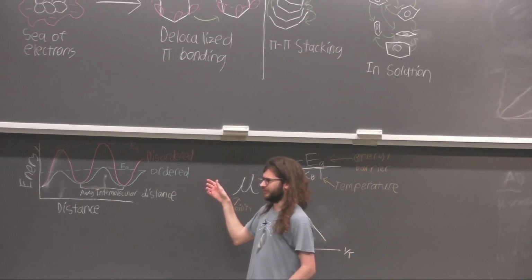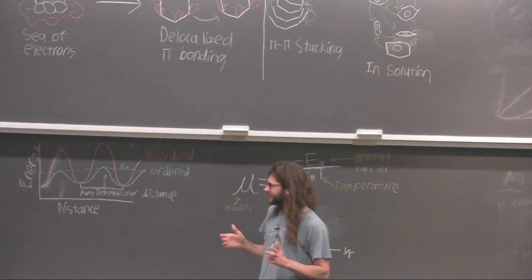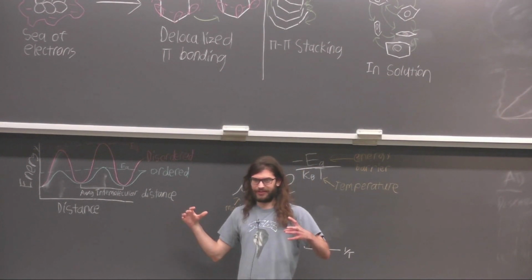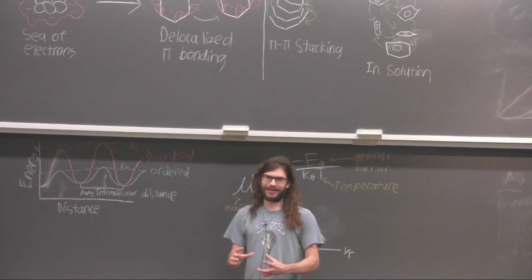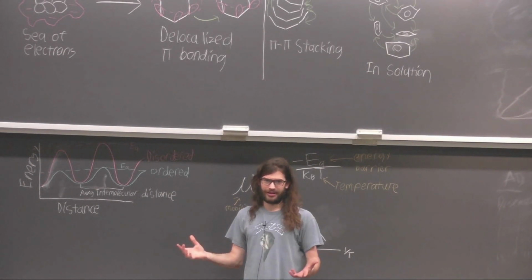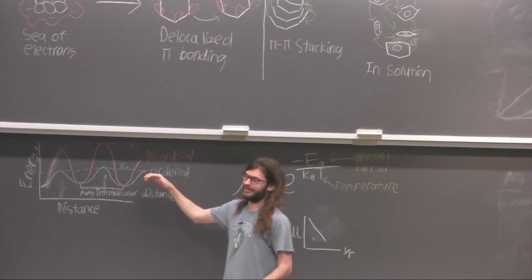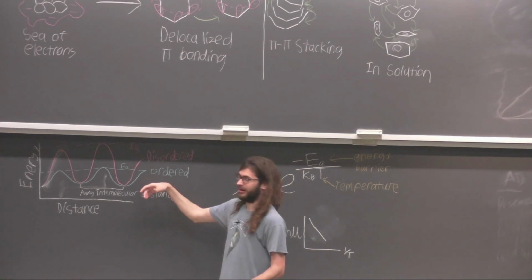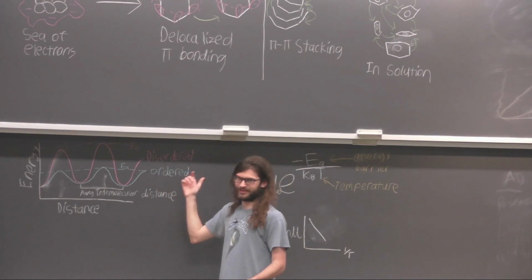Now these two curves just show the disordered or ordered case, where if we physically bring the molecules closer together in a more regular arrangement, we just lower the height of the peaks or the activation energy to transfer the carrier.